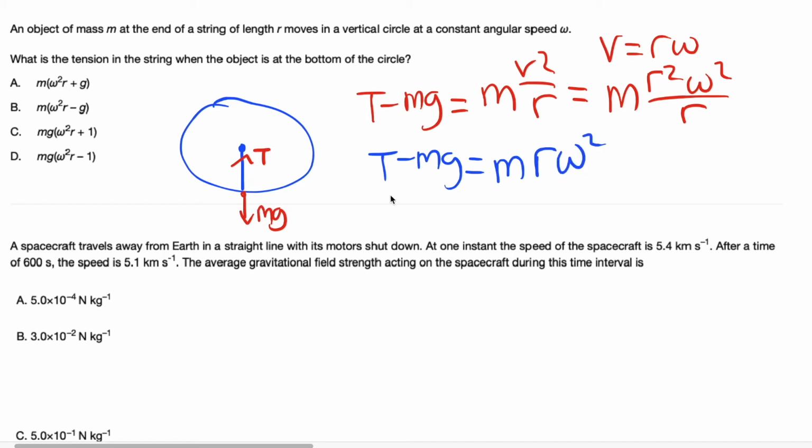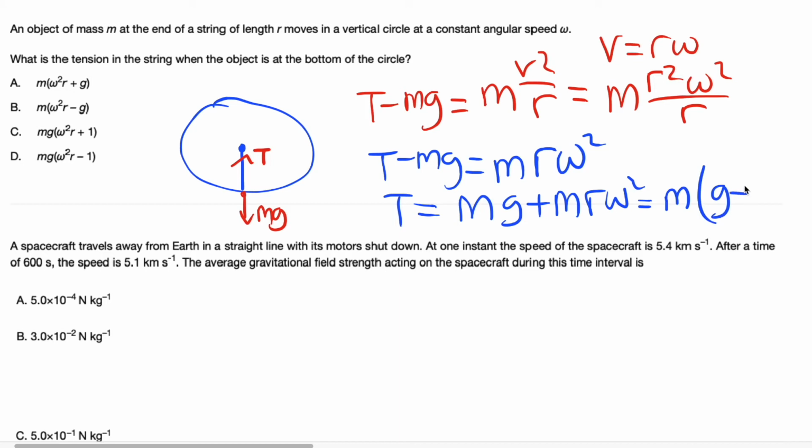So tension is equal to gravity plus centripetal force, and we can factorize this. It's equal to mass times the sum of g plus r times omega squared. So A is the answer.